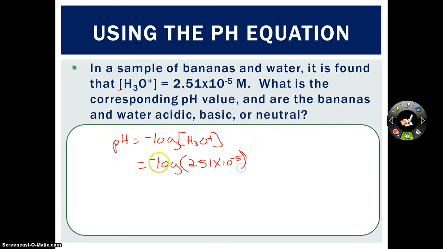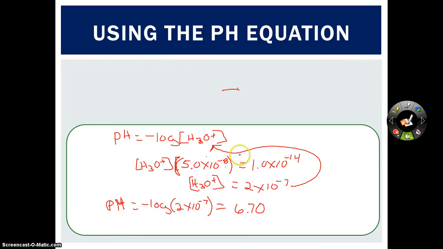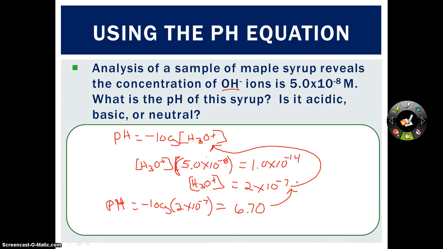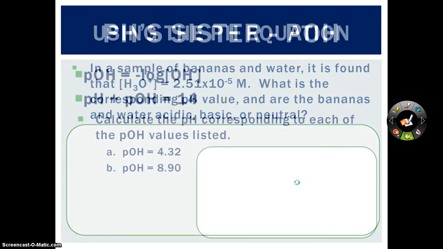So negative sign, log button, 2 times 10 to the negative 5th gives me a pH of 4.6. Notice that the pH is always within a whole number value of the exponent. It is here and it was here. That should be every time.